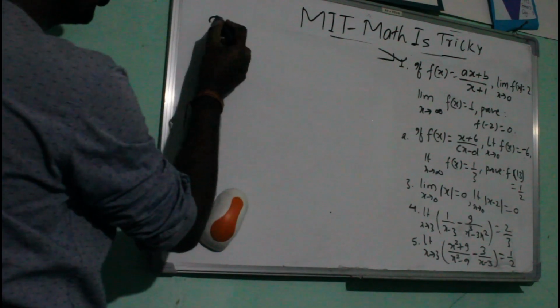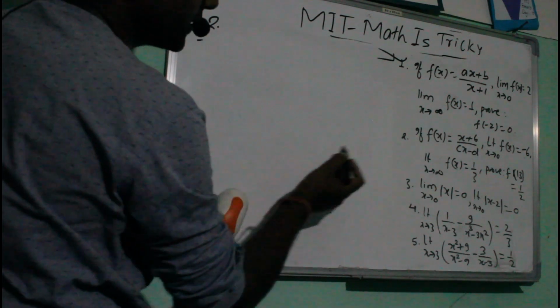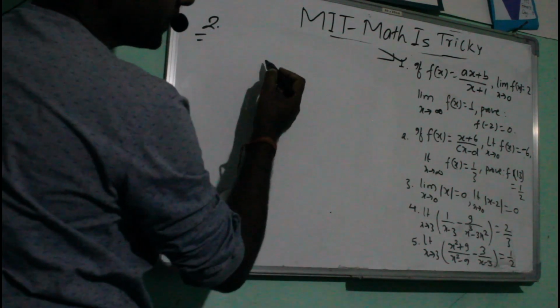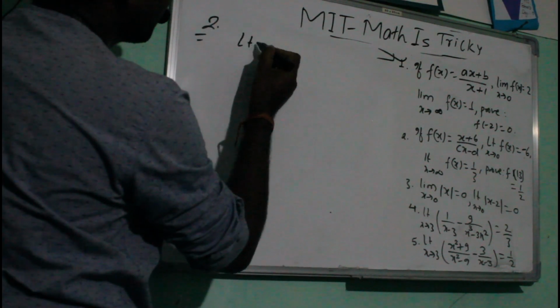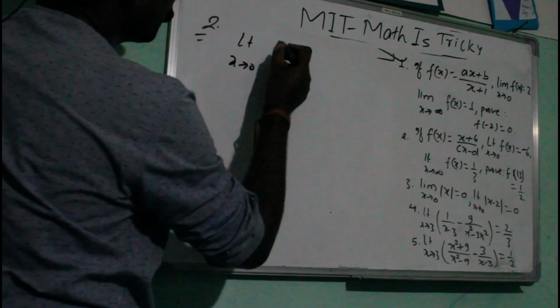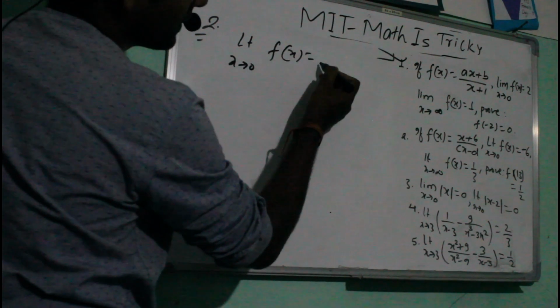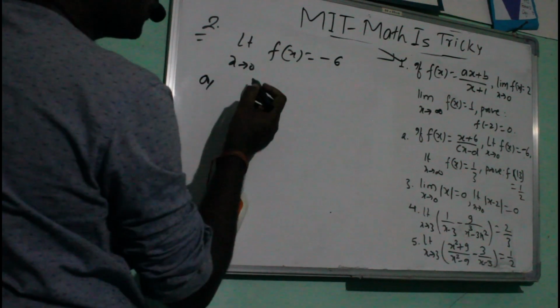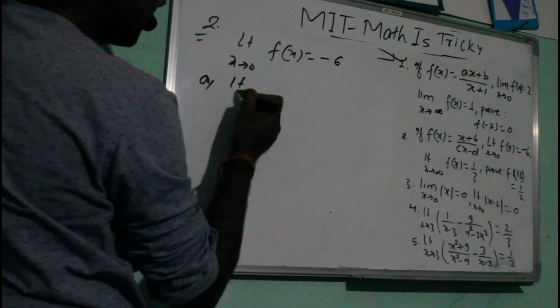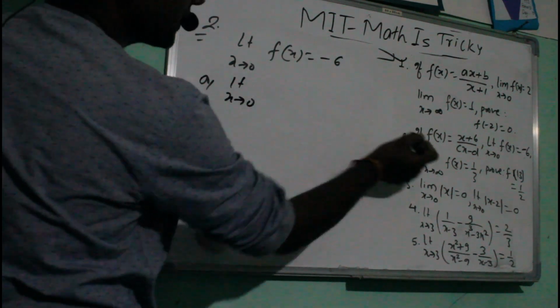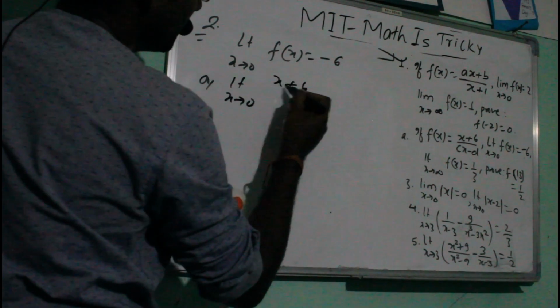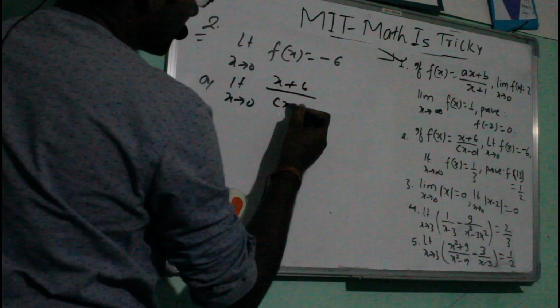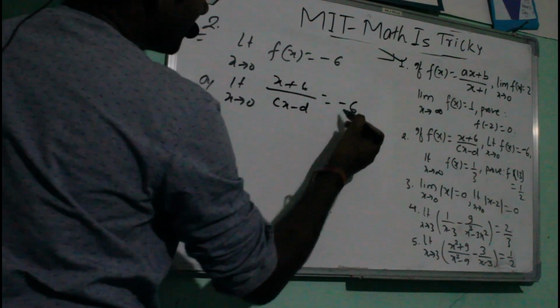So question number 2. Similarly we can solve. Here again we are given limit x tends to 0, f of x equals minus 6. We are following the same process as in the first one. So limit x tends to 0, f of x is given to be x plus 6 by cx minus d equals minus 6.